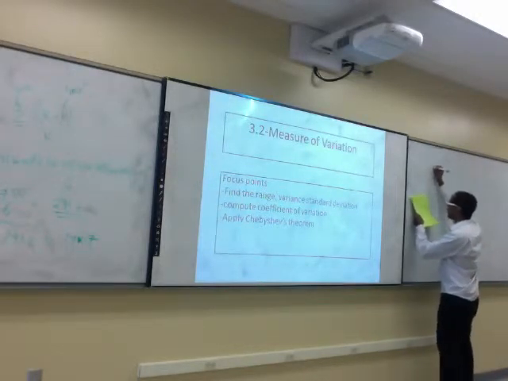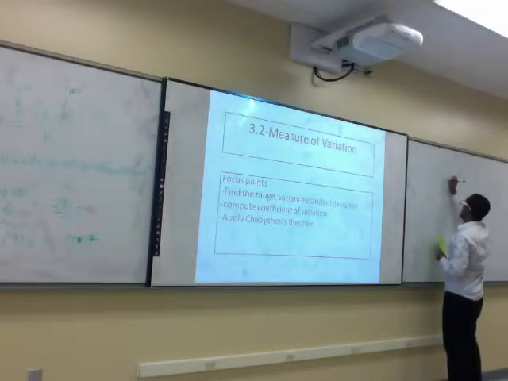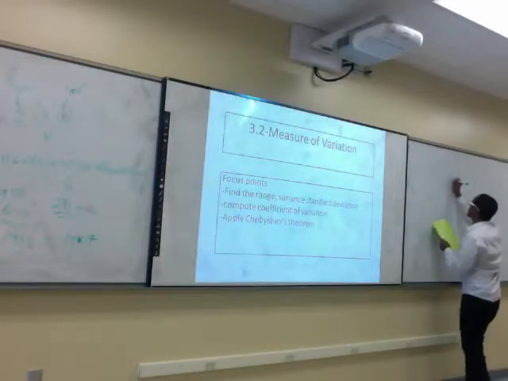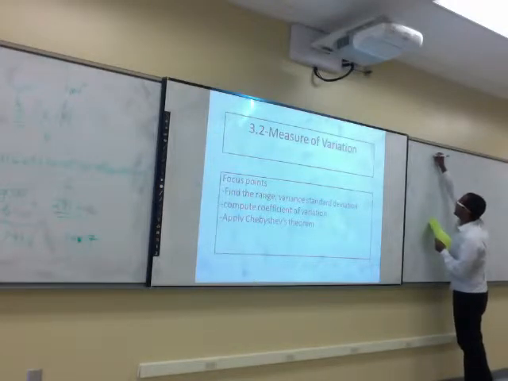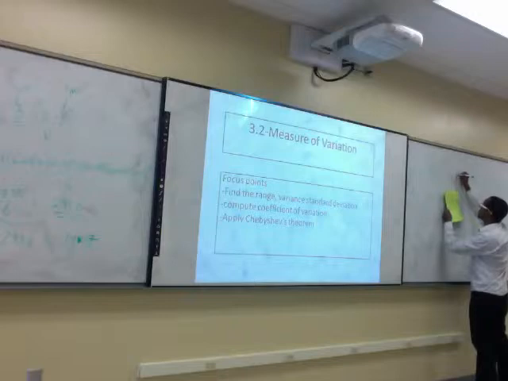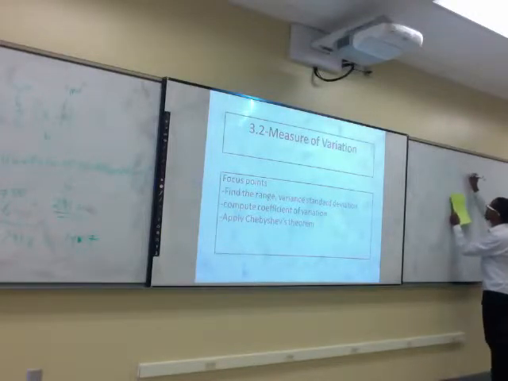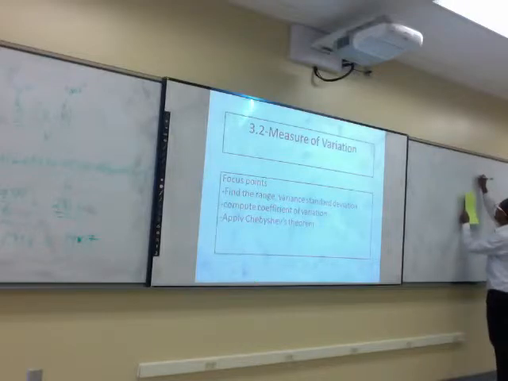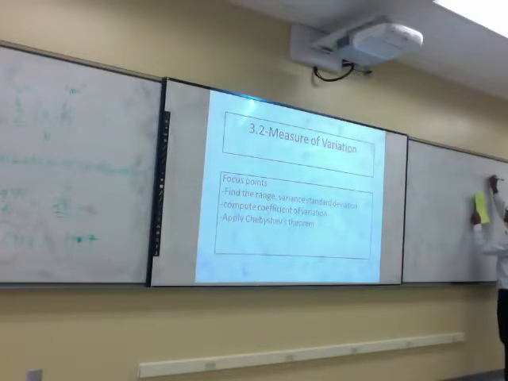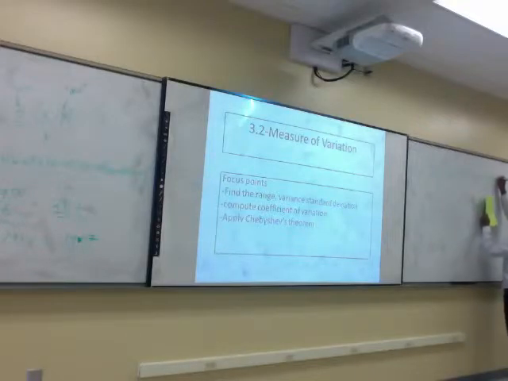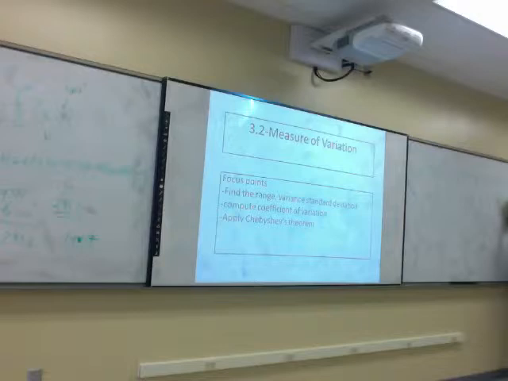Sigma squared equals the sum of all x minus mu, divided by capital N. So if I take each individual data, 35 minus 35 squared, plus 40 minus 35 squared, plus 30 minus 35 squared, plus 35 minus 35 squared, plus 40 minus 35 squared, plus 25 minus 35 squared, divided by 6, right? Is that clear?